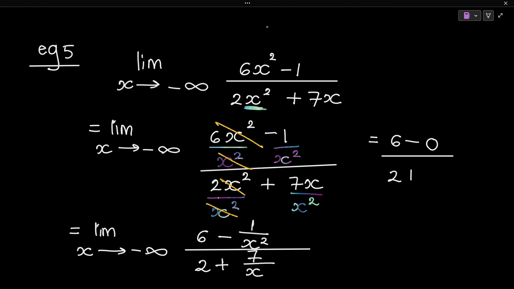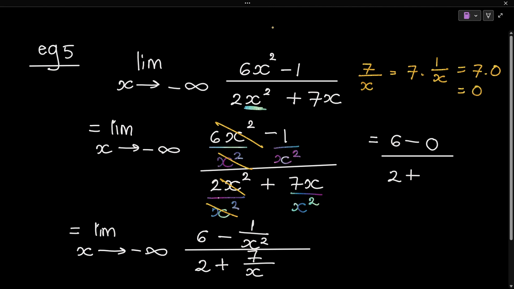We've got 2 plus 7 over x. If we just break it up, 7 over x is the same thing as 7 times 1 over x. 1 over x is going to be 0. 7 times 0 is 0. So that gives us 2 plus 0 in the denominator.